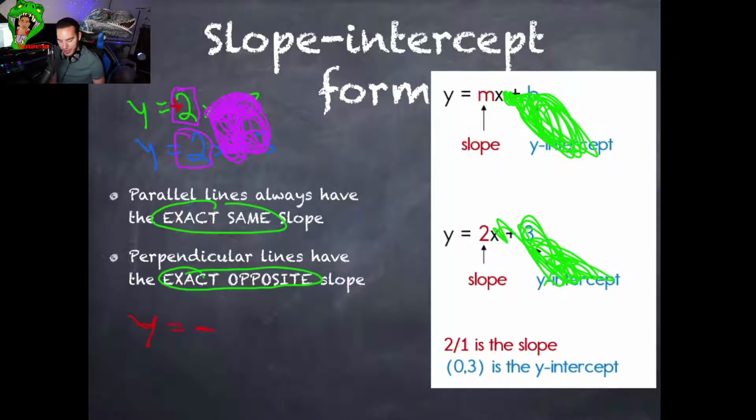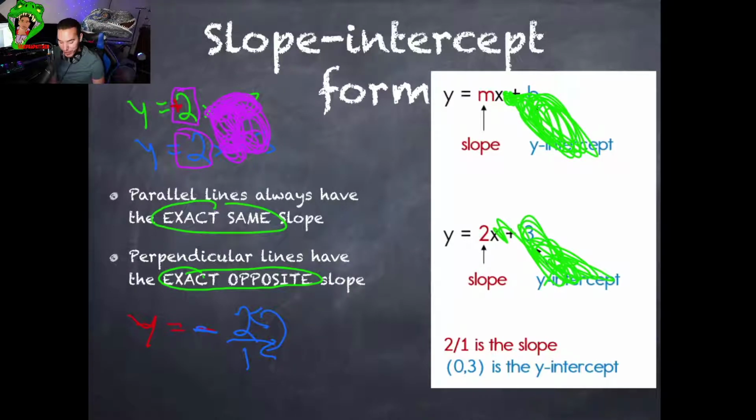I'm going to change it to a different color. Negative. Now, the exact opposite of 2. What's the opposite of 2? It gets tricky. I'm going to write the 2 here. There's an imaginary 1 on the denominator for the 2. So the exact opposite of 2 over 1 is that I have to flip these. The numerator becomes the denominator and the denominator becomes the numerator, or in a nutshell, the top becomes the bottom becomes the top.